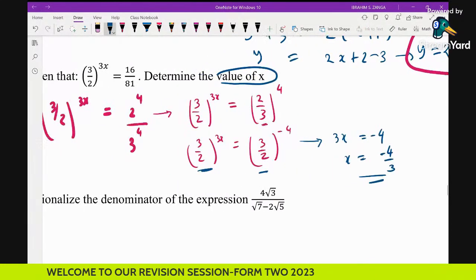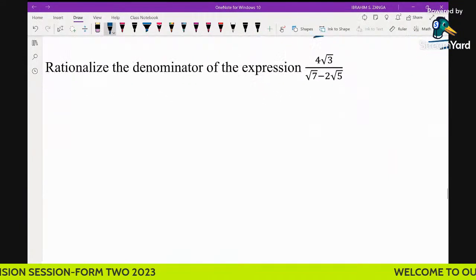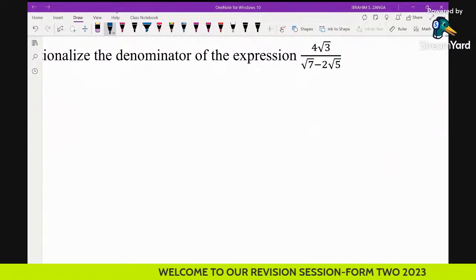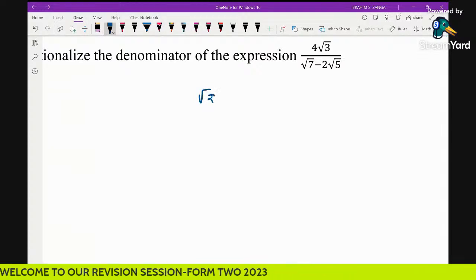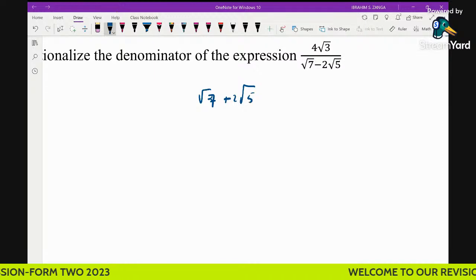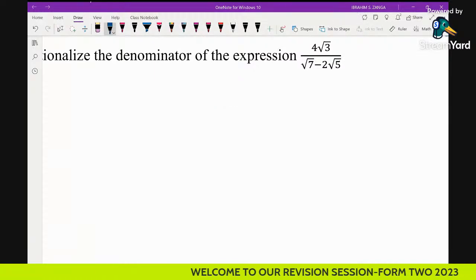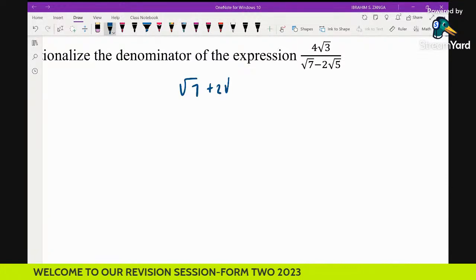Thank you. We go to question number 7B. Rationalize the denominator of the expression. So to rationalize this denominator, we are going to multiply by square root of 7 plus 2 root 5.